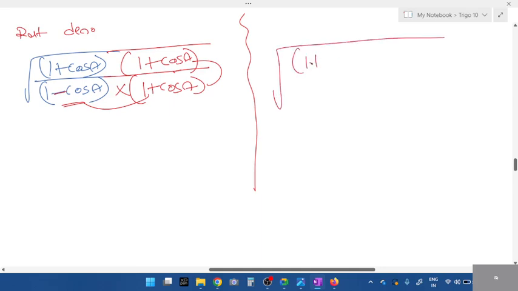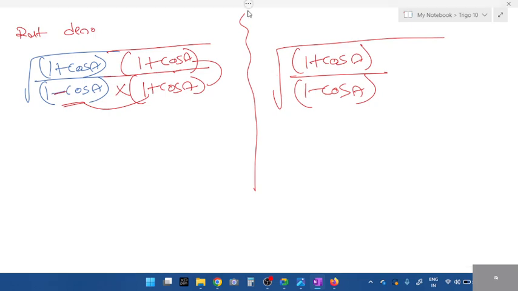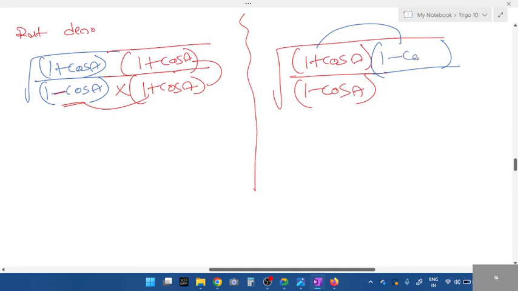I'll take the same question, 1 plus cos A divided by 1 minus cos A. If I tell rationalizing the numerator, check the numerator now. Is it plus or minus? Plus. What should I multiply? What is the opposite? Yeah, correct. 1 minus cos A. The same, you should write 1 minus cos A in the denominator too.